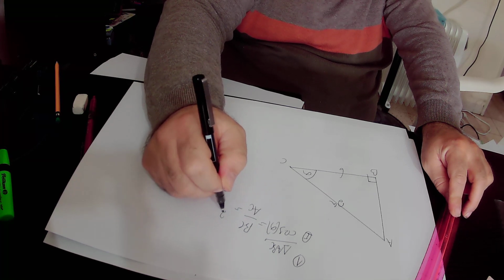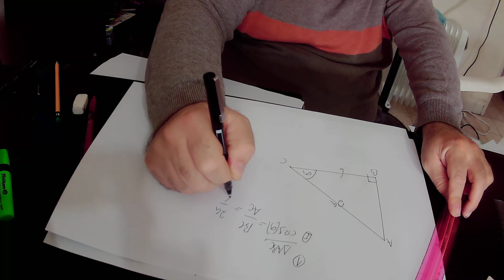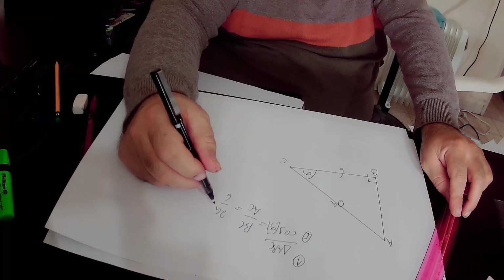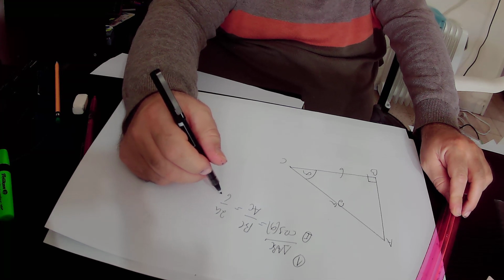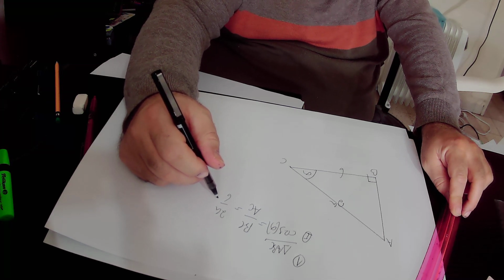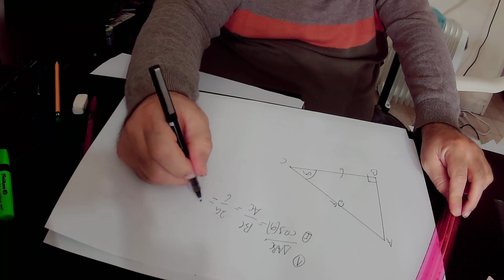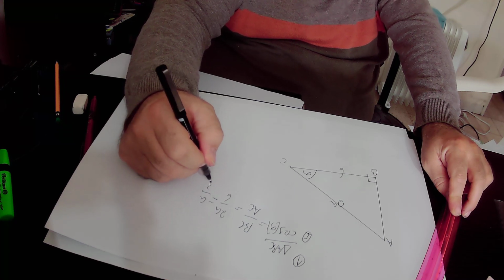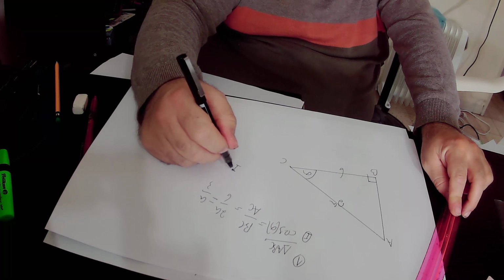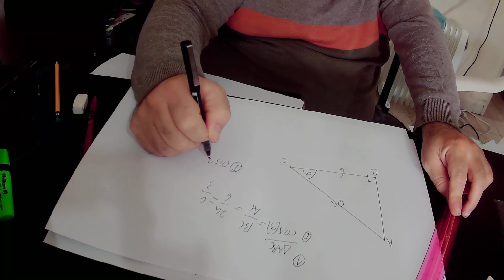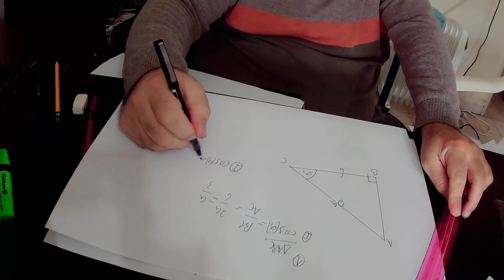BC equals 2a and AC equals 6. We will divide both the numerator and the denominator of this side of equation number 1 by 2, and we get that 2a over 2 is a, and 6 over 2 is 3. So in conclusion, according to equation number 1, cosine alpha equals a over 3.